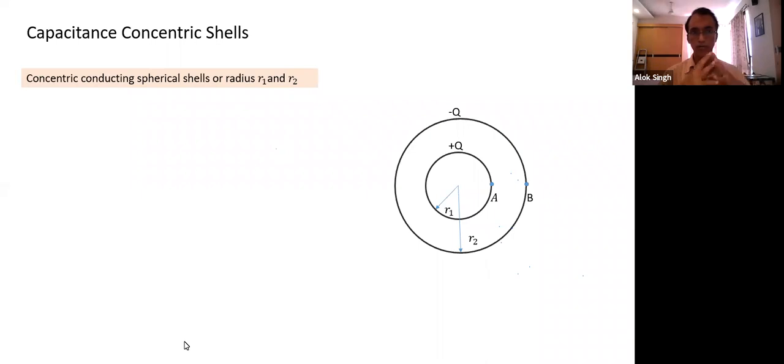Can we find capacitance here? Some of you are thinking, what do we need to find capacitance?